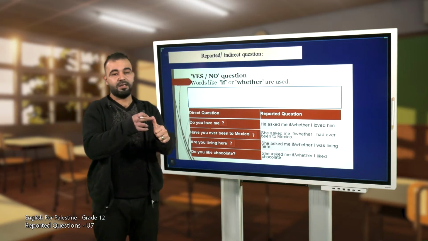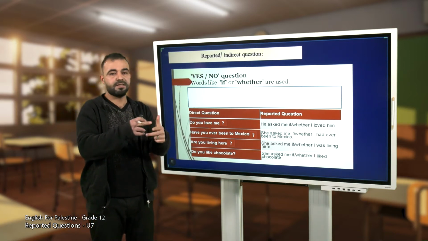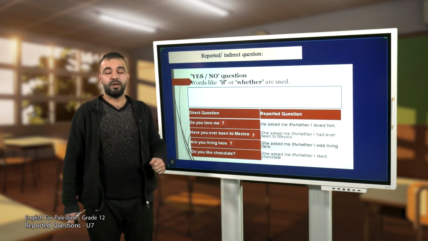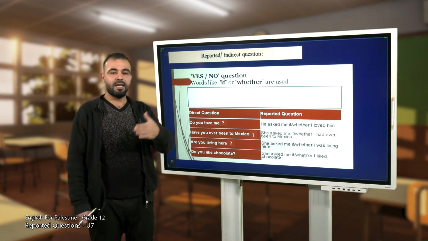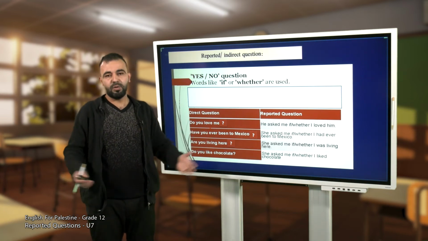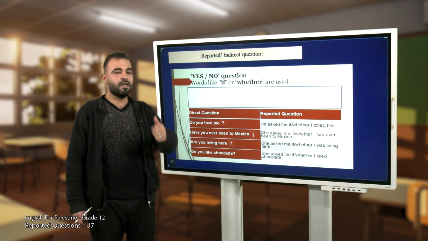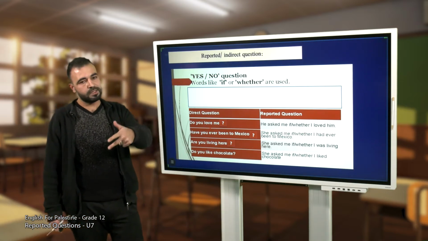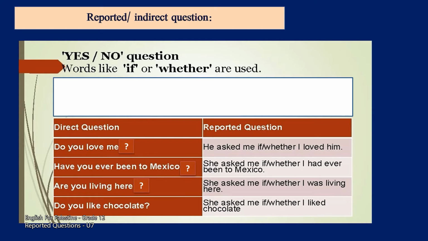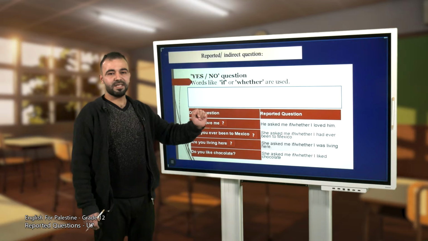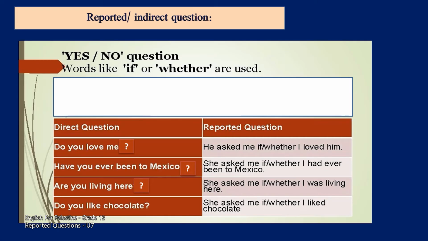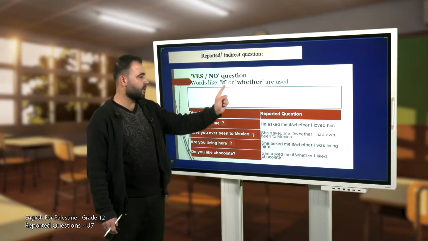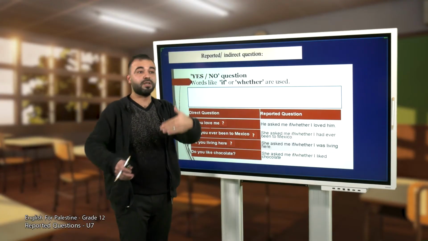For example, one of the verb be forms: am, are, was, were, or one of the verb to do: do, does, did, verb to have: has, had, and one of the modal verbs, for example, can, could, will. In yes-no questions, we start reporting with the word if or whether. So we use if or whether after the starter, after he asked me.